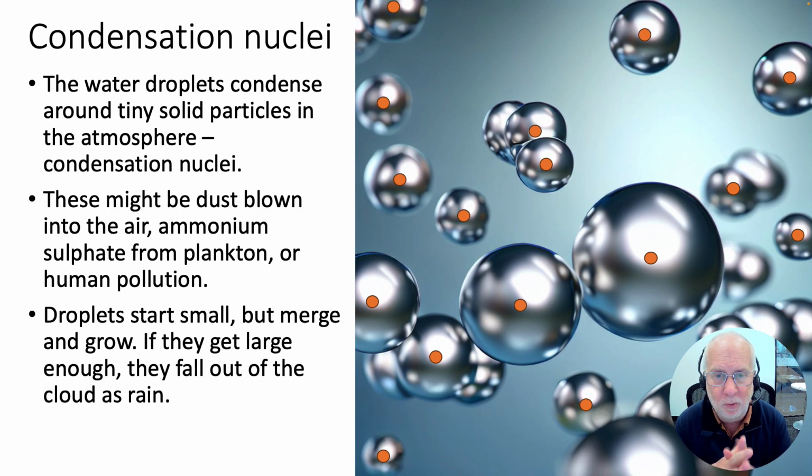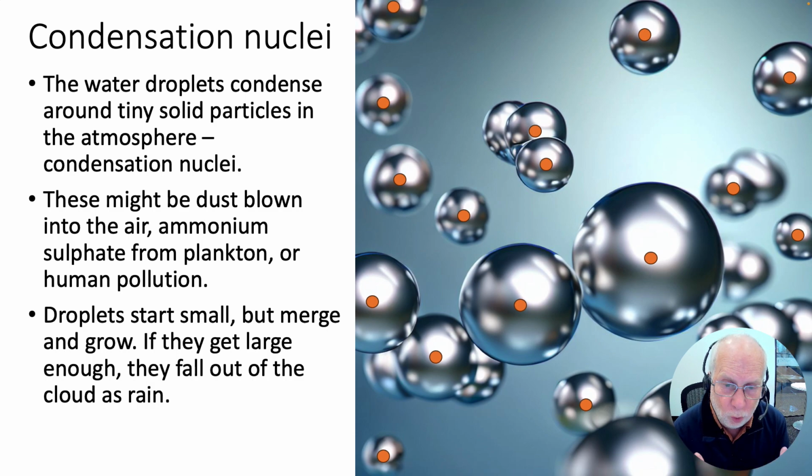But luckily or unluckily, there is always some dirt and dust and small particles in the atmosphere, and these act as nucleation points, and the water droplet condenses around them. These tiny particles might be dust blown up from the Sahara Desert. It can be ammonium sulfate from plankton, that's actually what dominates over the oceans, or in fact human pollution. So that's like these orange bits in the middle here, and the water droplets form around them.